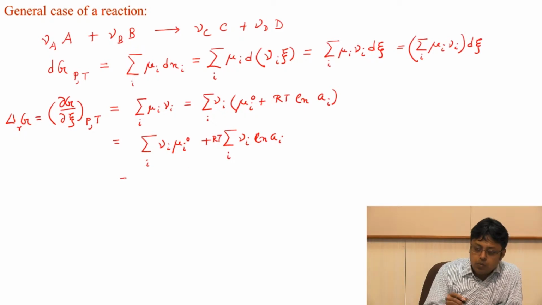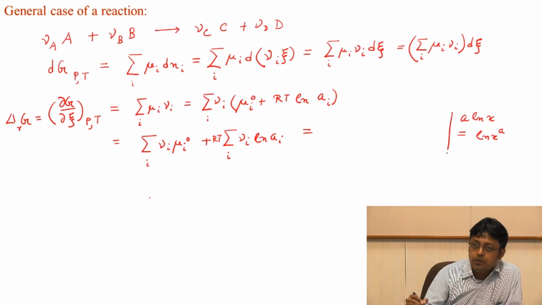Now we already know what ln a i is. Let me just write it here. What is, say, A ln x? That we can write as ln x to the power A. That we know.